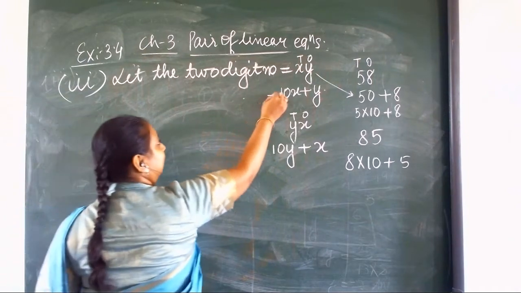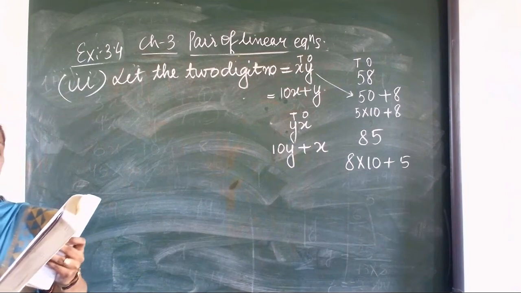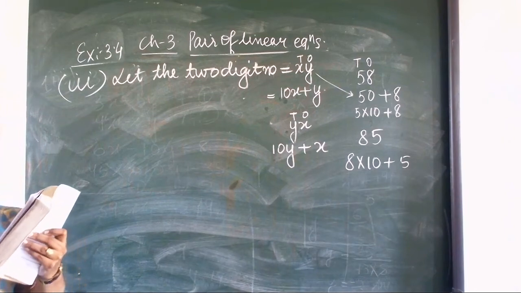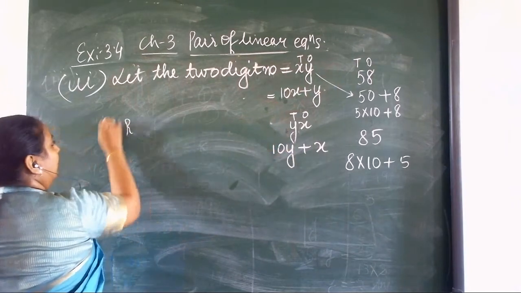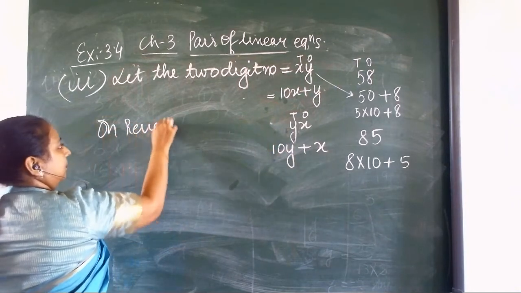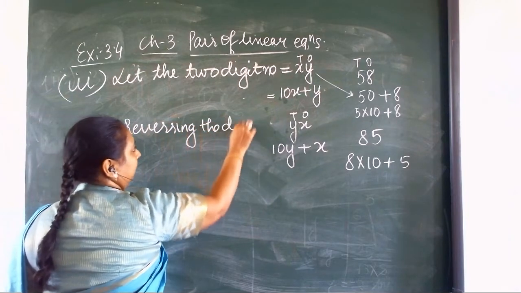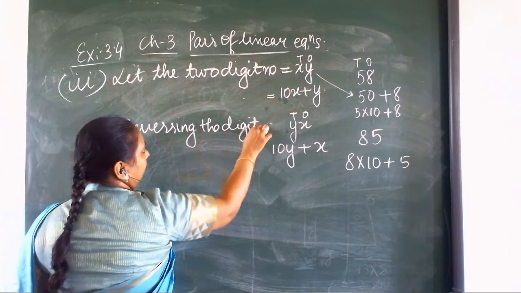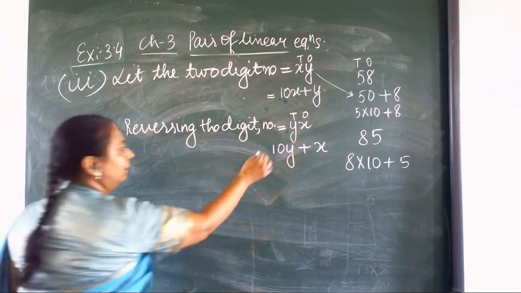According to this, this is your number. Clear? And on reversing the digits, the number becomes yx.